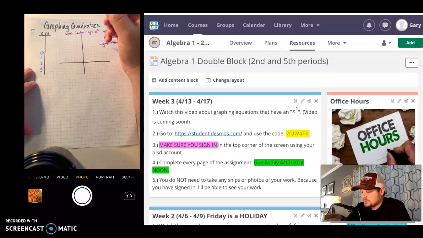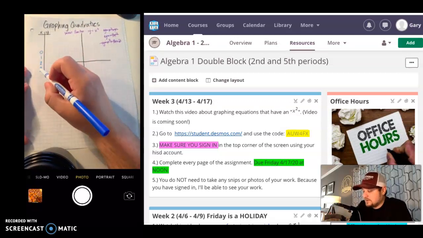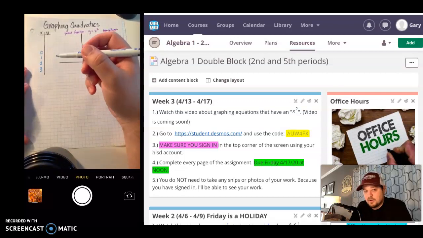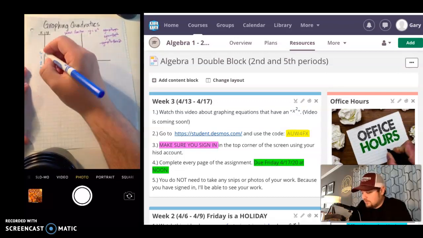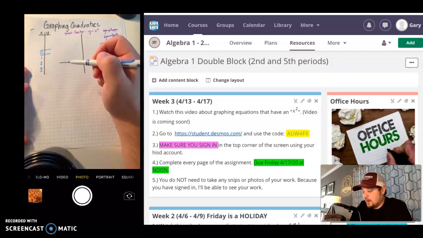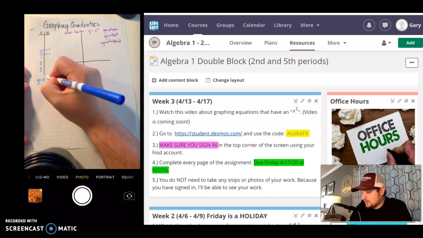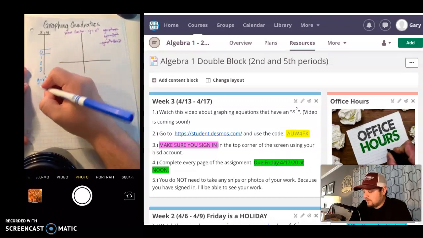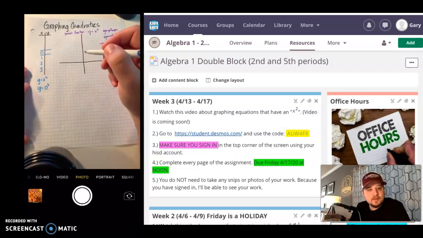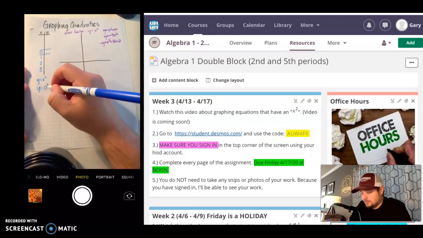The way that this works is you plug the x number into the equation and then solve to figure out what that y is. So if I want to figure out what number goes there for y, I can say y equals x squared, and I plug in a 0 for x, so y equals 0 squared. Let's remember what a square means.